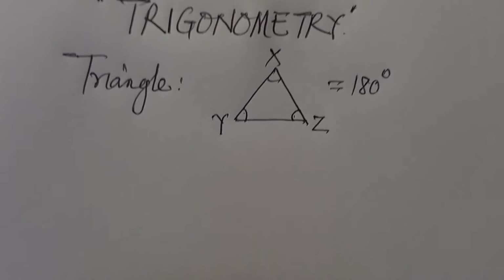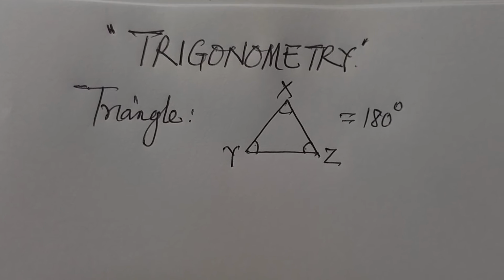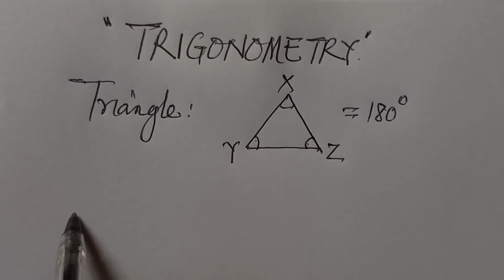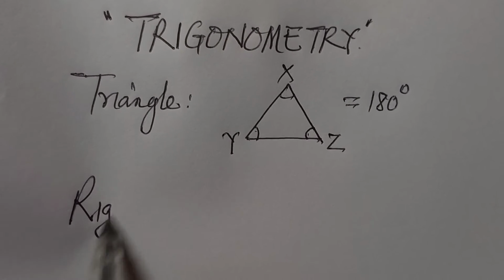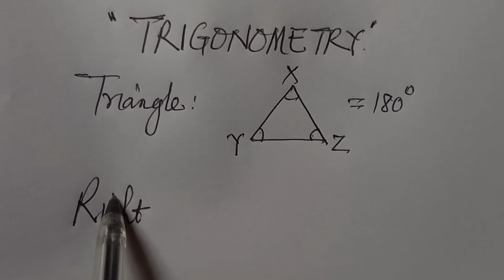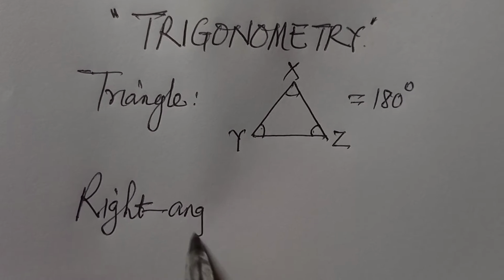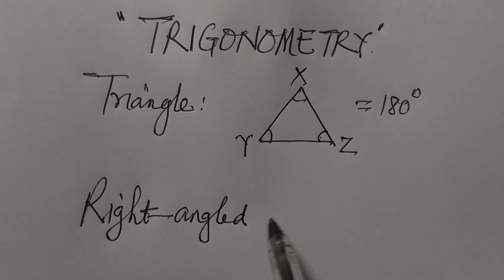Another essential property of this triangle or trigonometry we're going to talk about is the right angle triangle.